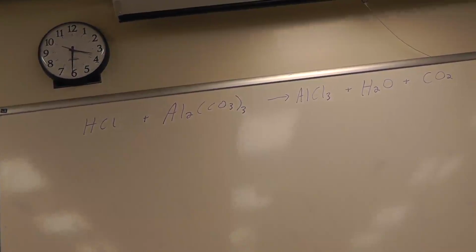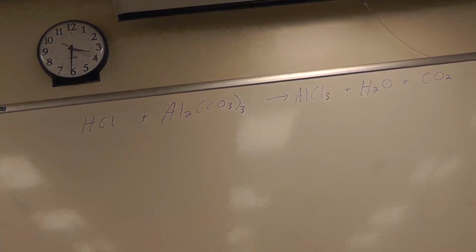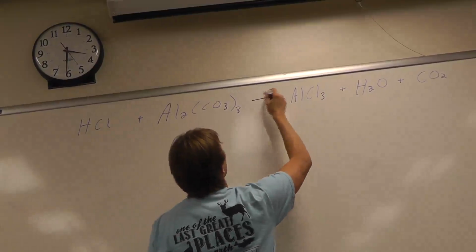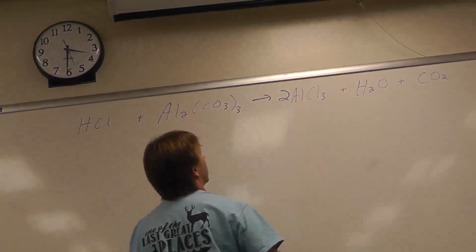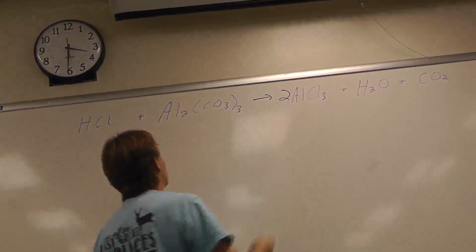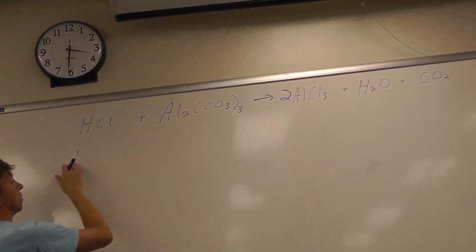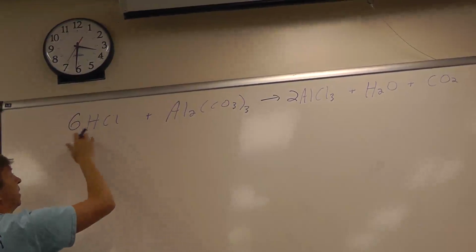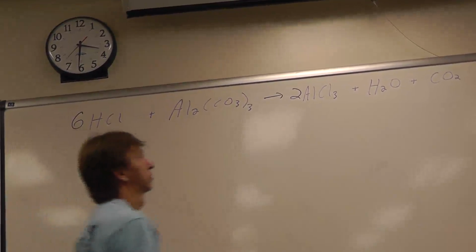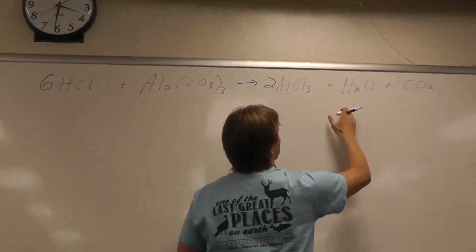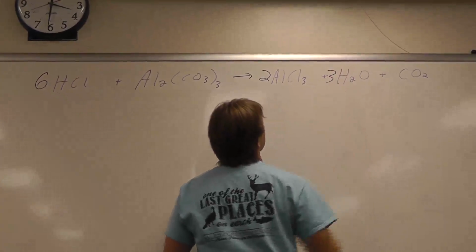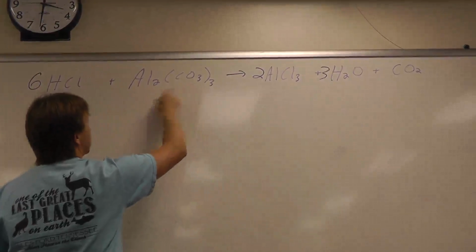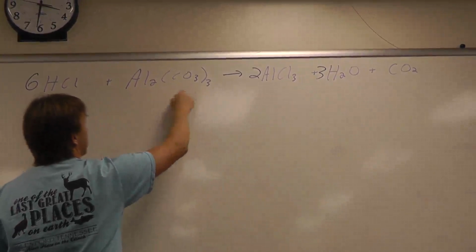Let's start with aluminum. How would you fix aluminum? 2 here. And then that gives me 6 chlorines. How can I fix chlorine? 6 here. And that gives me 6 hydrogens. How am I going to fix that? 3 water. And then carbon, I've got how many carbons here? 3, because that multiplies in.